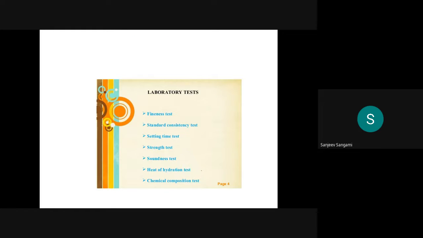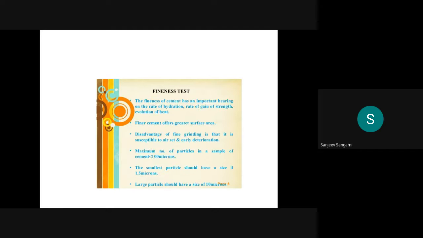Then the laboratory tests: the fineness test is there, then standard consistency test, setting time, strength, soundness, heat of hydration, and chemical composition. So the fineness test is about the particle size.